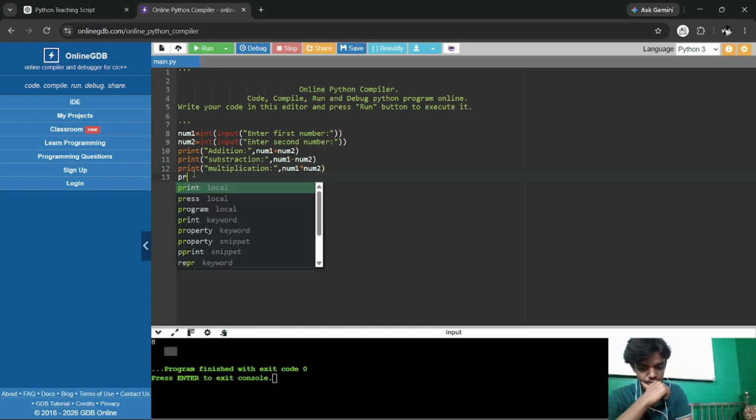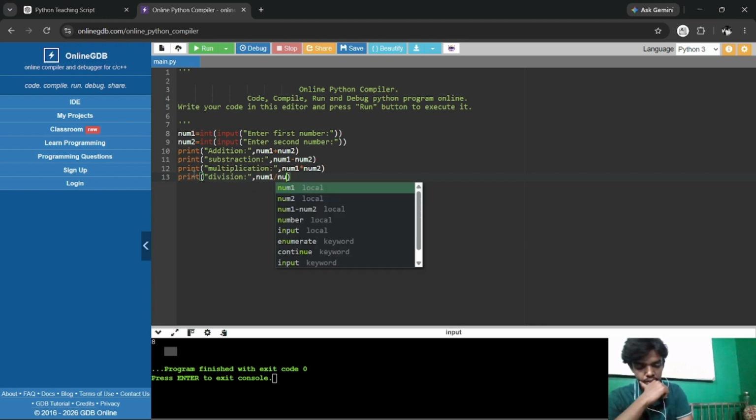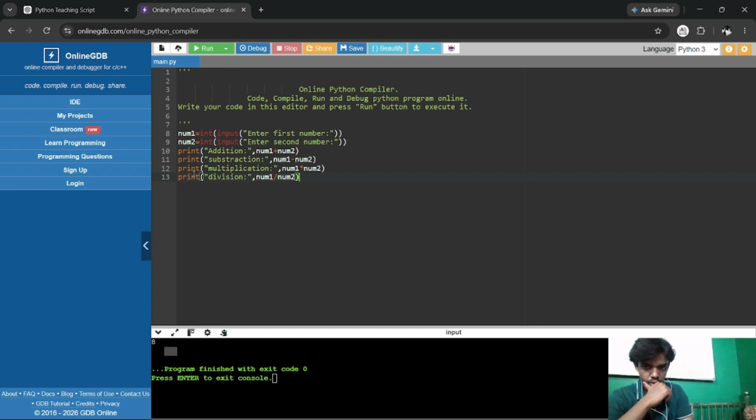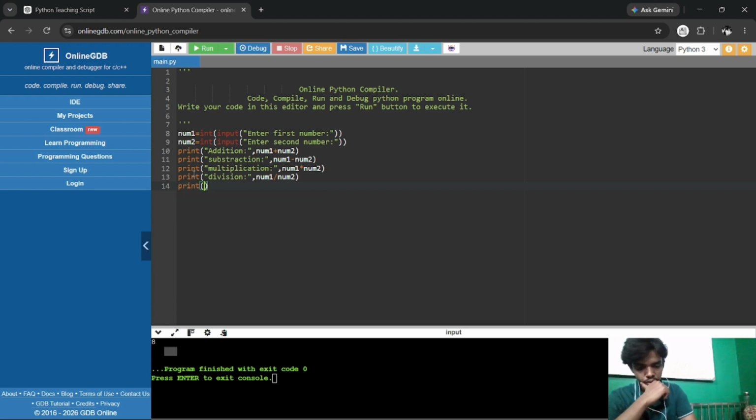Next we'll have division, put in the commas here, comma, num1 divided by num2. Next we have remainder, which we call modulus.